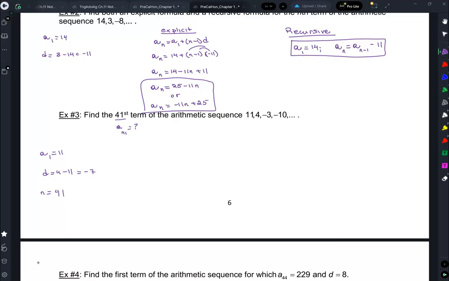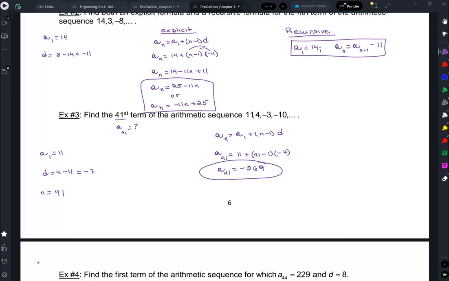So my favorite formula of today, A sub n is A1 plus n minus 1 times D. So A sub 41 is 11 plus 41 minus 1, times negative 7. Plug it in the calculator. Yes, you'll have a calculator for this. Negative 269.